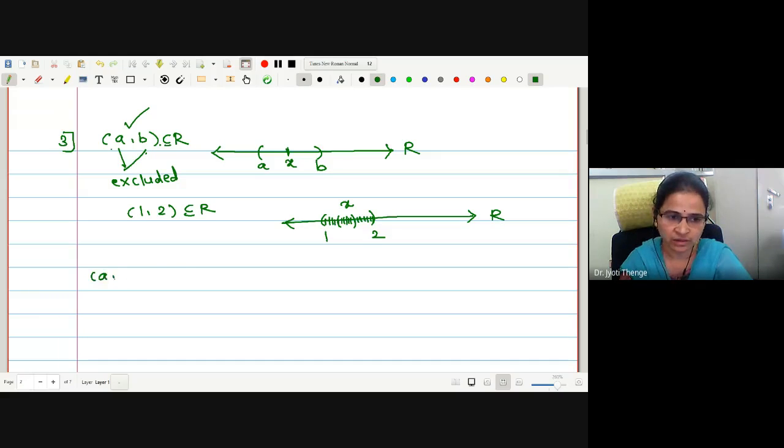Correct now? Yes. Open interval AB is neighborhood of each of its points.